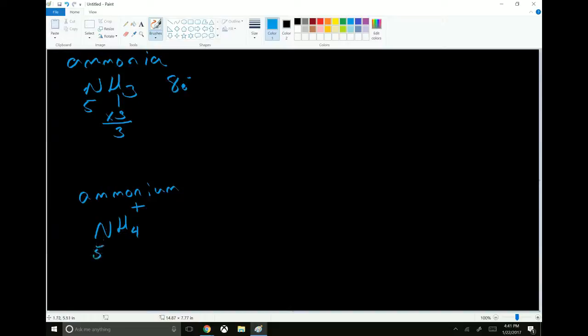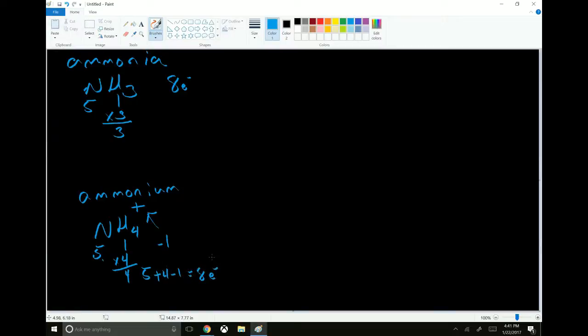Ammonium, nitrogen gives us 5, hydrogen gives us 1 times 4, but this positive sign means we have negative 1 electrons. We've lost an electron. That's what gives it the positive sign. So 5 plus 4 minus 1 equals 8 electrons.